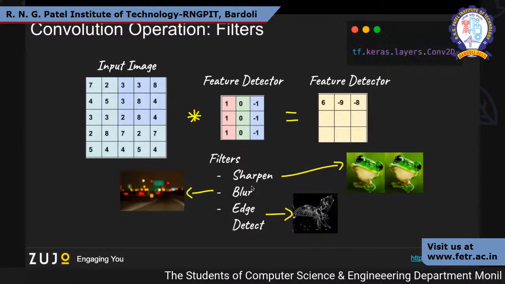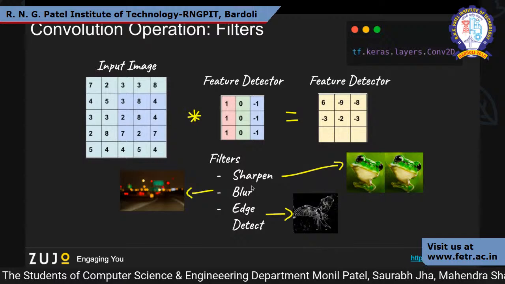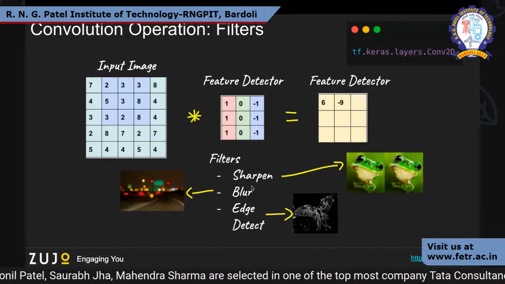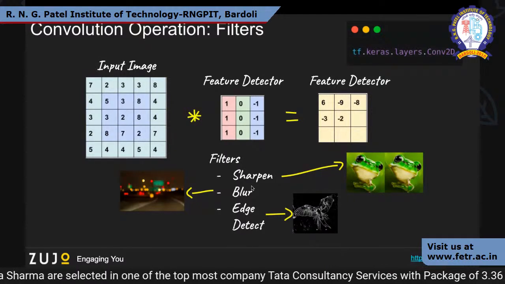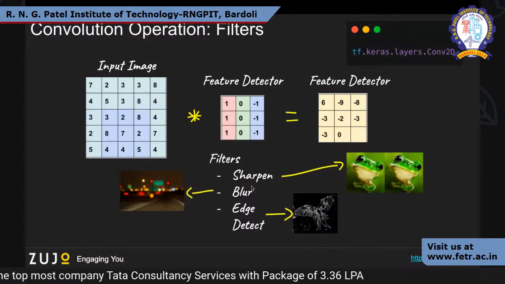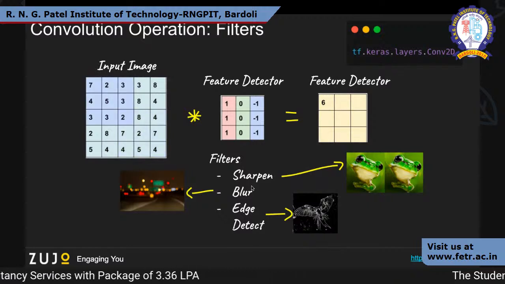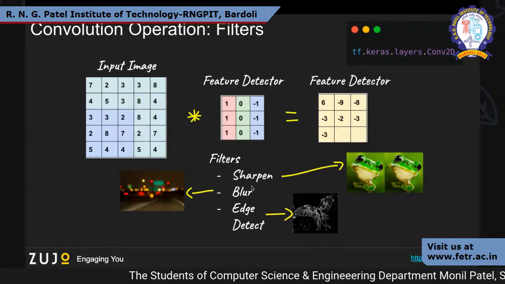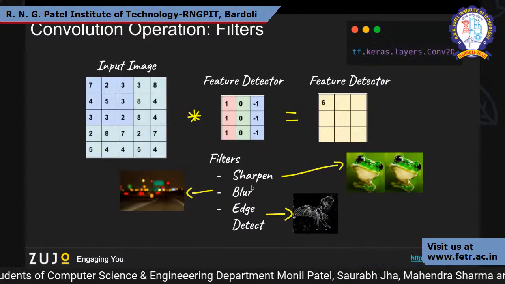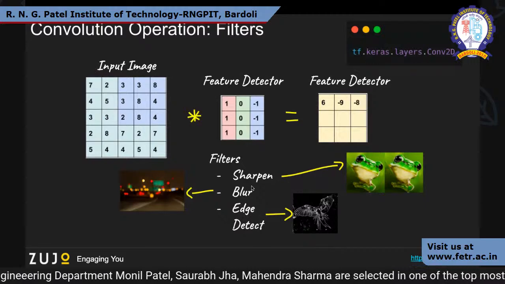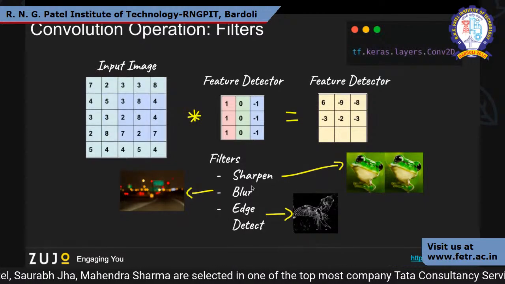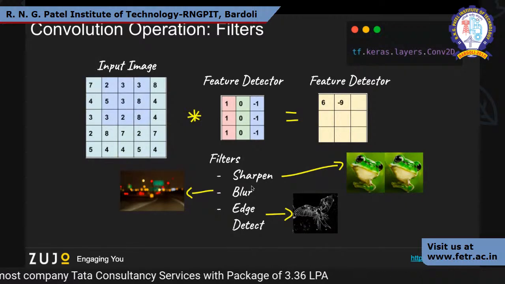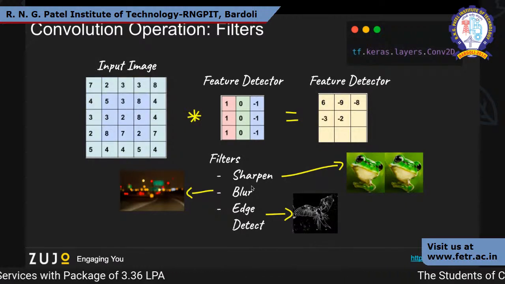Now, in the second part, in the middle, you can see the feature detector, which is a simple matrix, basically, with 3 by 3 into 1 values, right? I'll describe it in detail, but right now it is a detector from which we can extract features from our input image.